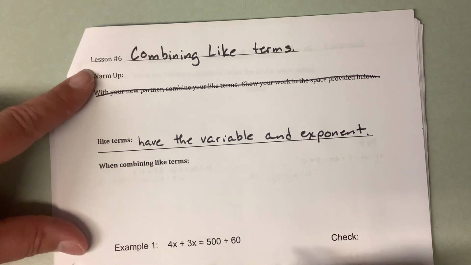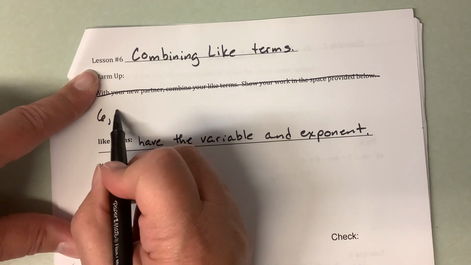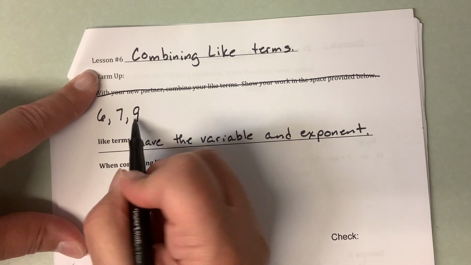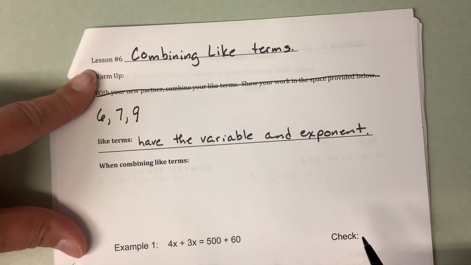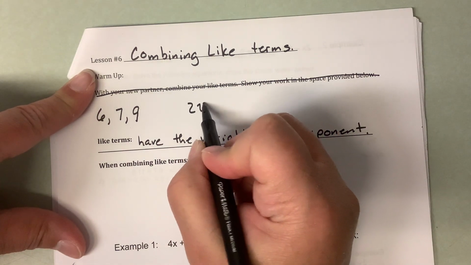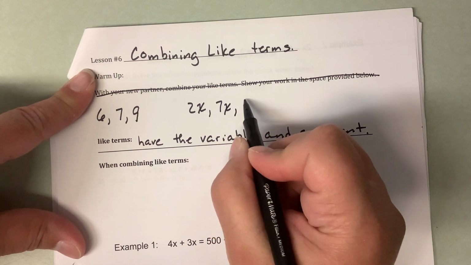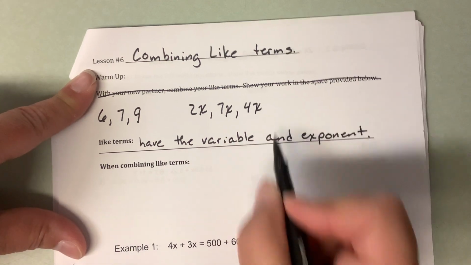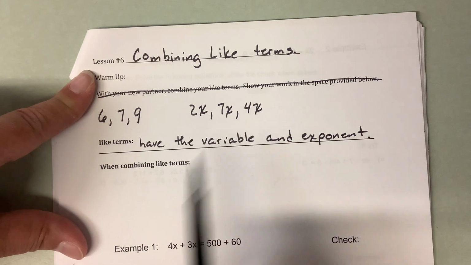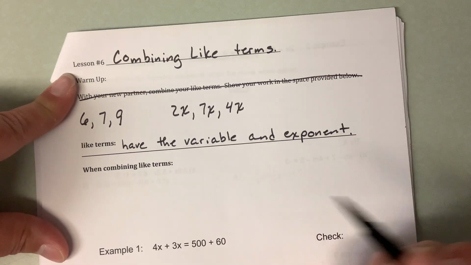So, for example, 6 and 7 and 9 are like terms. They have no variable, they have no exponent, they are alike. 2x, 7x, and 4x are like terms. They all have just an x and an invisible 1 for an exponent.